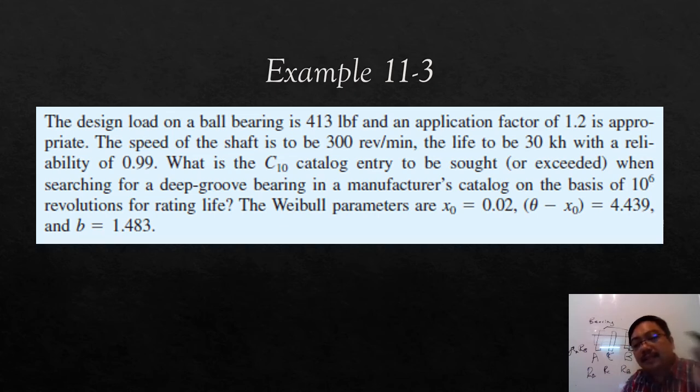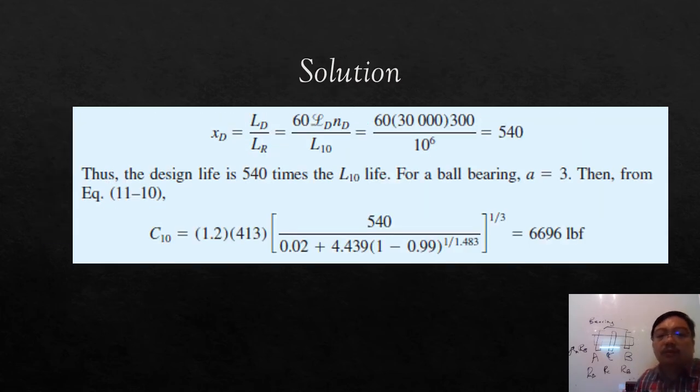It's just like example 11.2, given all the parameters here. If you remember, example 11.2 is like this. Solve the equation and you get xD equals the dimensionless value, LD the desired life, RD the reliability.